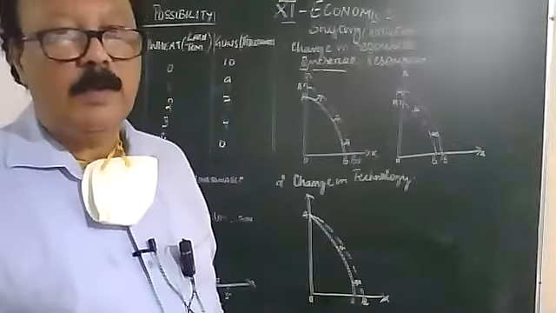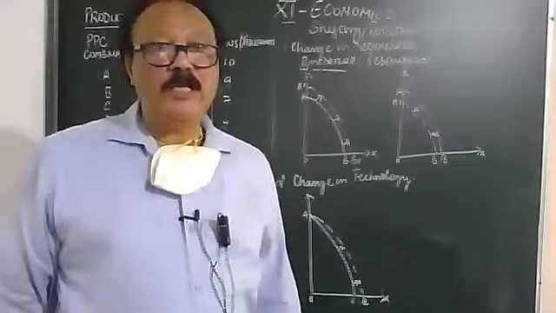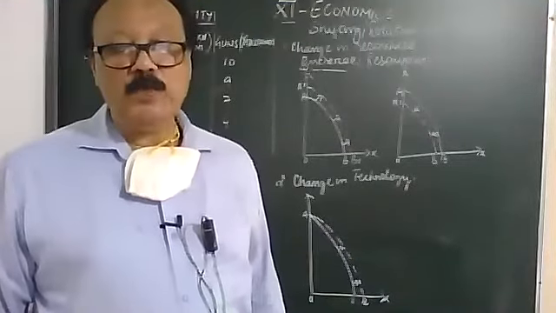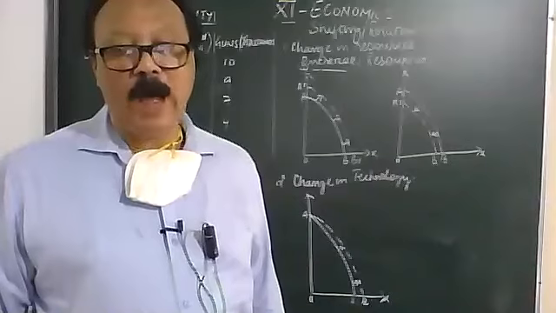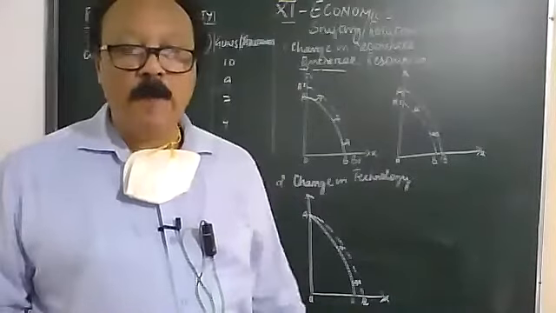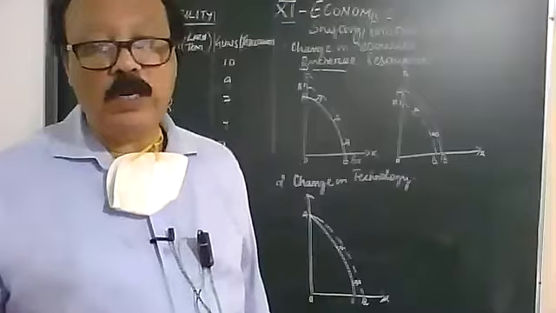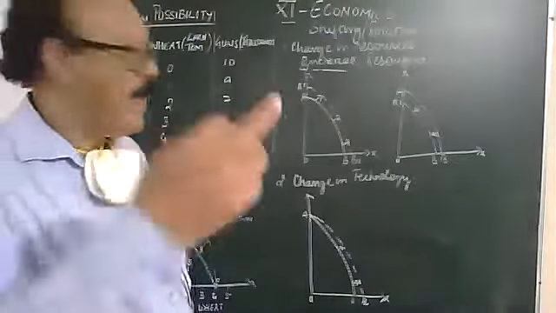Similarly, children, there could be a change in technology for Y. What happens when there is a change in technology for Y? More of Y will be produced and the PPC will rotate towards the Y axis.